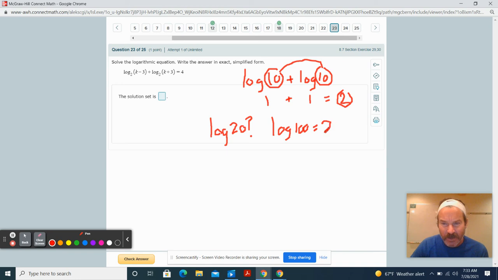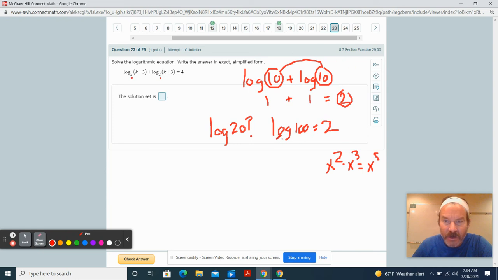It's kind of like exponents. Remember logs and exponents, there's a relationship. When you multiply, you have to add exponents, right? When you multiply, like x squared times x cubed, you add exponents, so you get x to the 5th. Well, when you add logs together, as long as you have the same base, when you add logs together, you multiply the numbers that you're taking the log of.